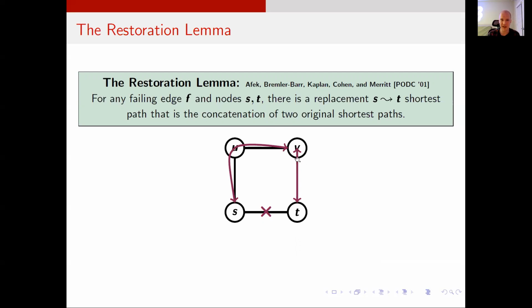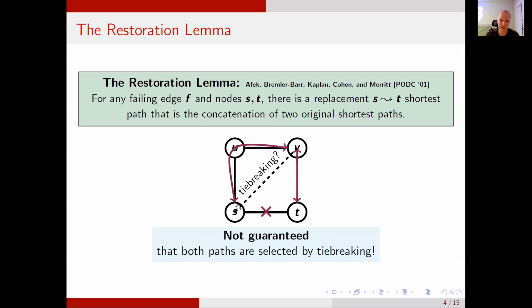But the catch is that it's not clear that this decomposition plays nicely with tiebreaking. In other words, there are 2 equally short S to V paths, and this decomposition is just hoping that in our tiebreaking, we picked the one that goes S-U-V, even though we could have just as well picked the one that goes S-T-V. So the restoration lemma is promising you a decomposition into 2 original shortest paths, but not into 2 original tiebroken shortest paths.